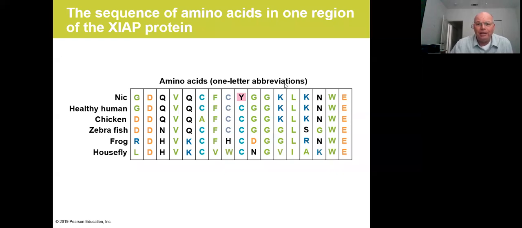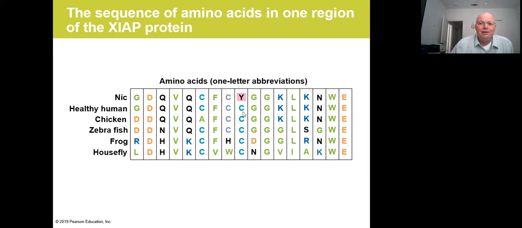And the fact that Nick had a change in that amino acid, and that of all the amino acid changes that he possessed it was the one that was so highly conserved in every other example of the protein that was looked at, that was significant. This must be the cause of all of his issues.